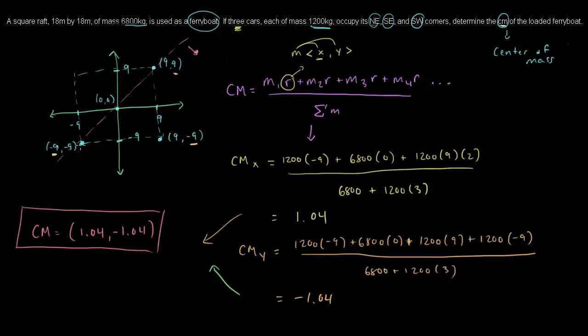And given that this point is way over to the right, I would think it's in the fourth section of the coordinate system, and it actually is, because it's 1.04 comma negative 1.04, somewhere right over there, which makes logical sense. So I know that answer should be right.